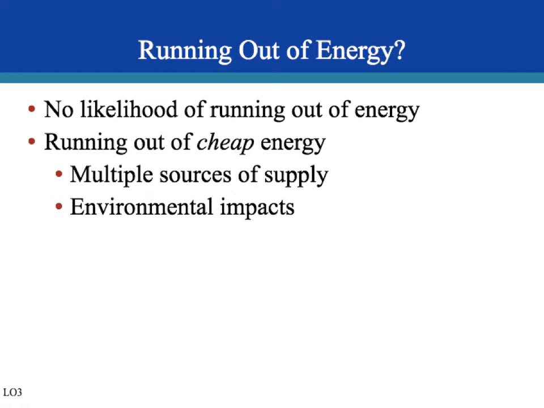For example, using coal as energy, coal emits a large amount of carbon dioxide, and this can contribute to global warming, which has been a huge concern to scientists and to policymakers.